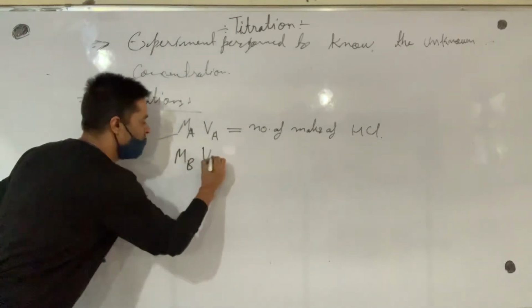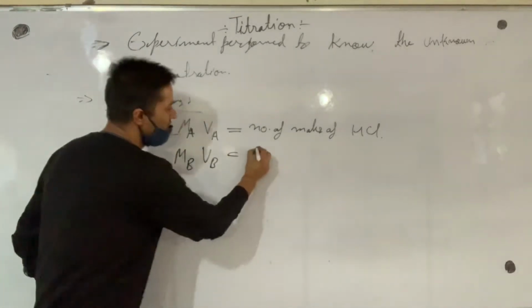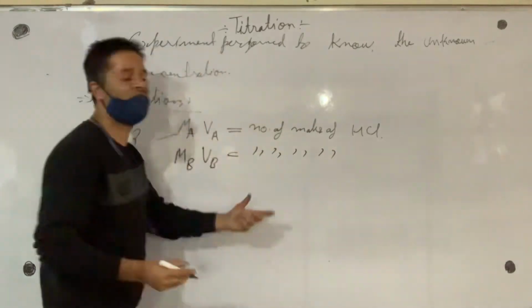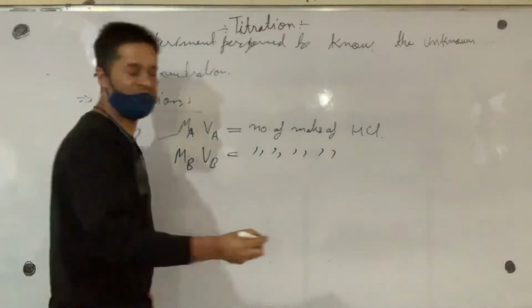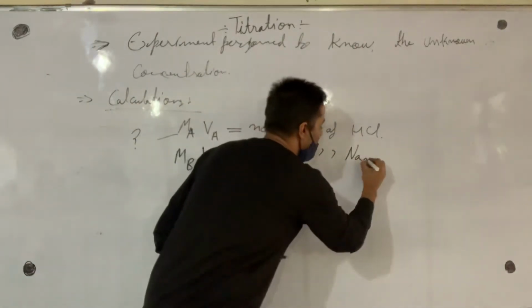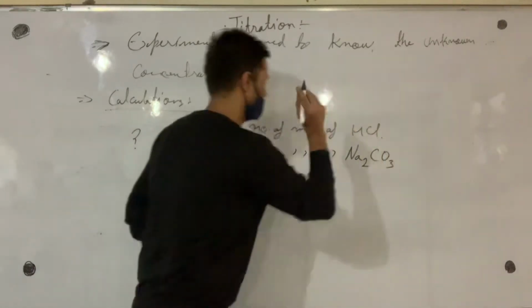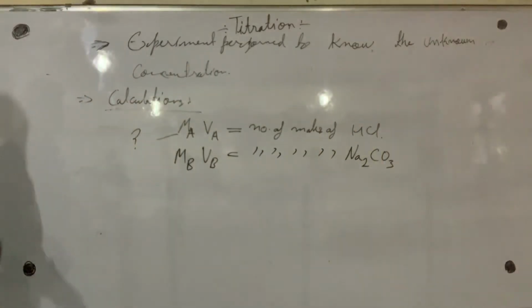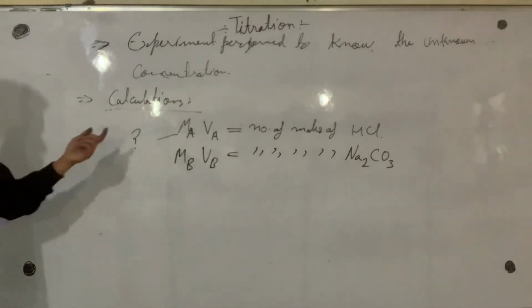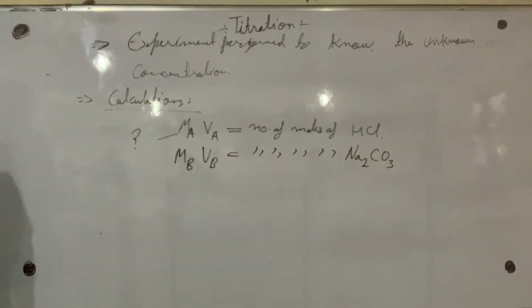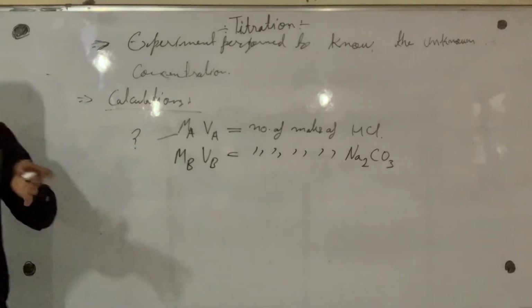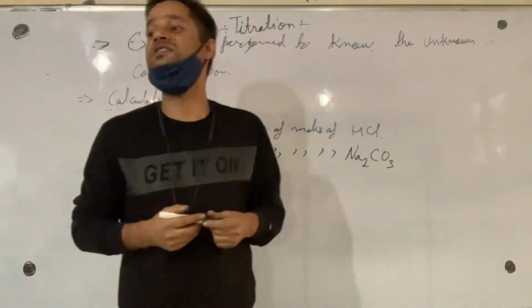MBVB is equal to number of moles of B, for base, sodium carbonate, Na2CO3. Now we have to use the chemical equation, because what we are doing? We are doing an acid-base reaction.